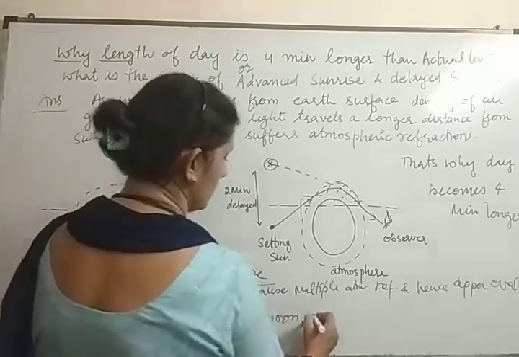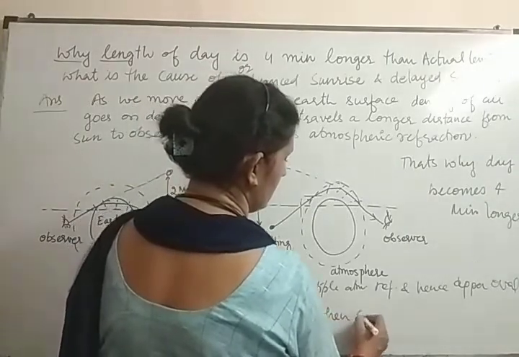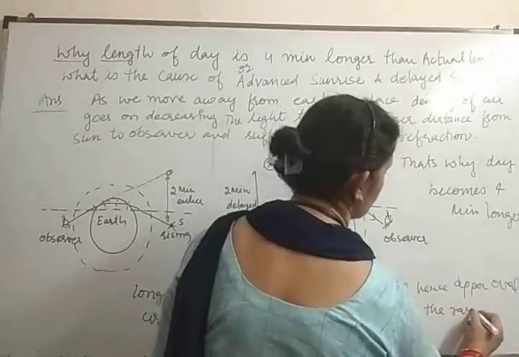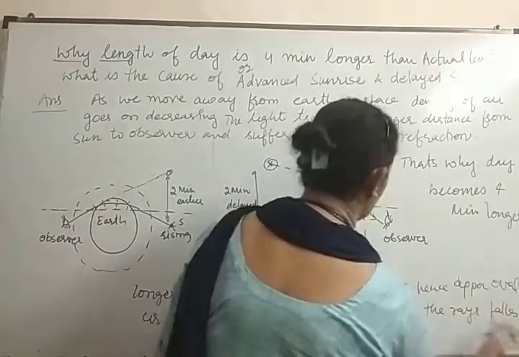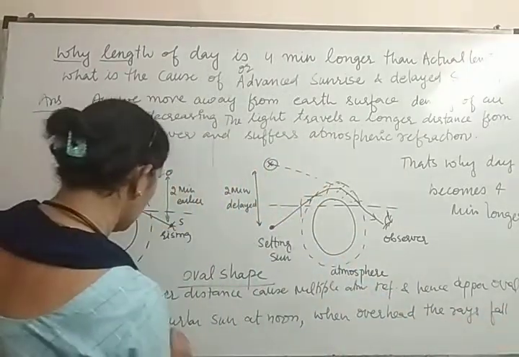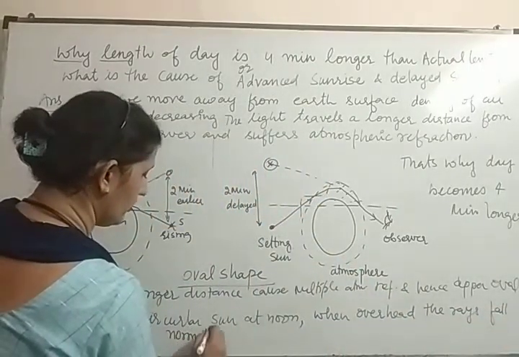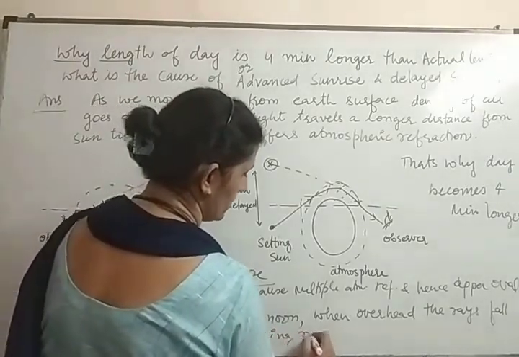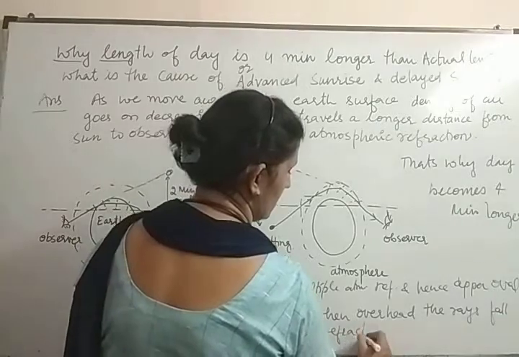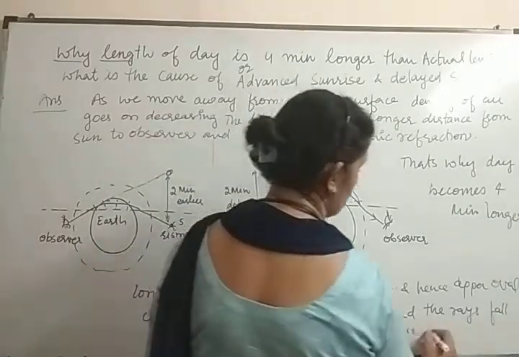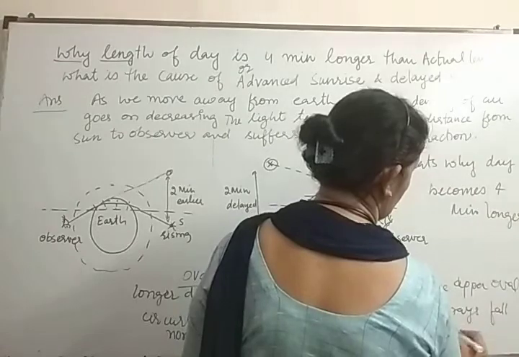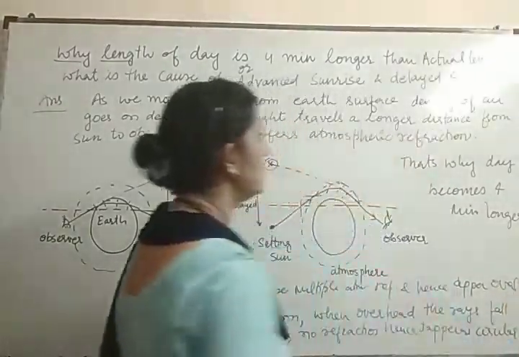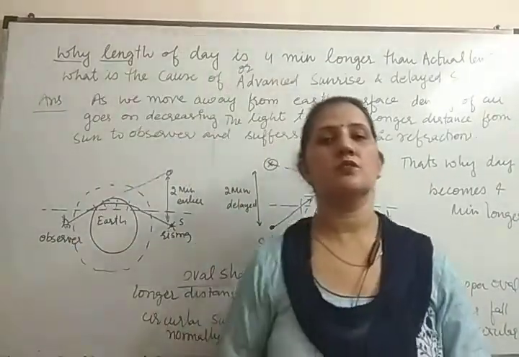Because when the sun is overhead, the rays fall normally, suffering no refraction, hence it appears circular. Got it? And this is all about atmospheric refraction.